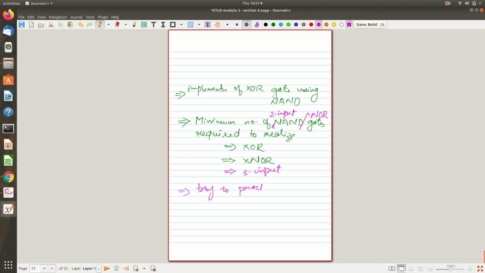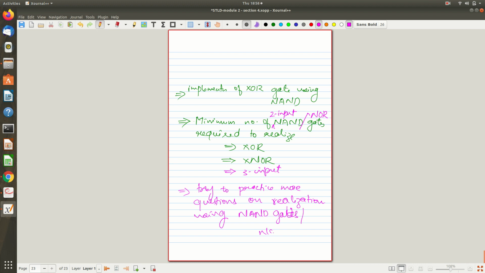So in general, try to practice more questions on realization or implementation using NAND gates as well as NOR gates.